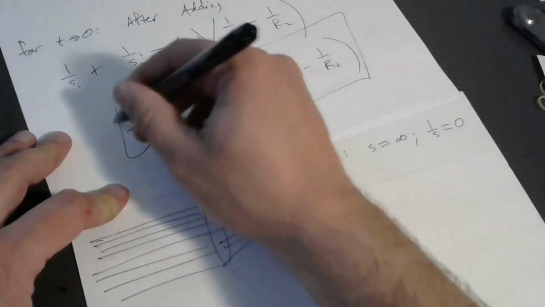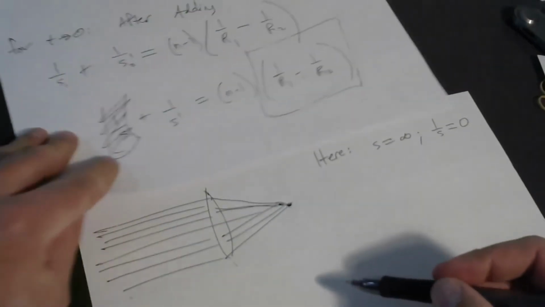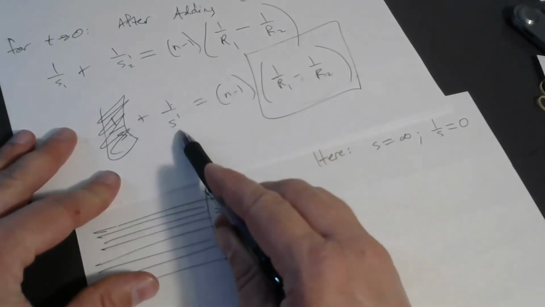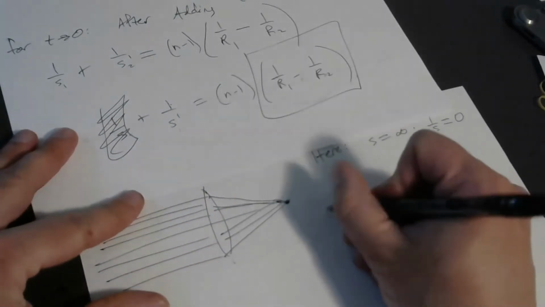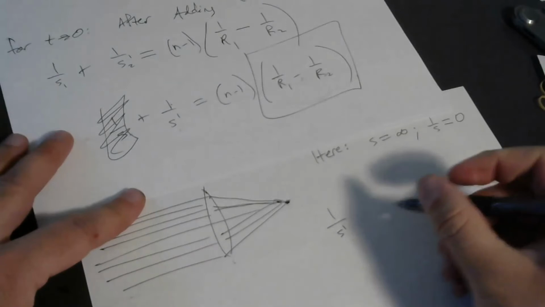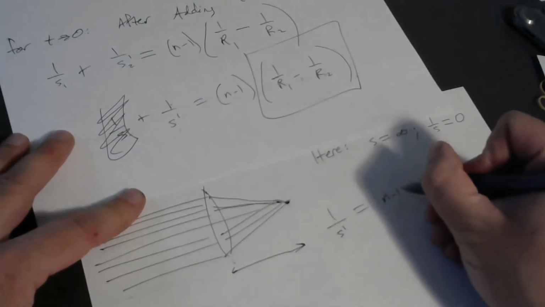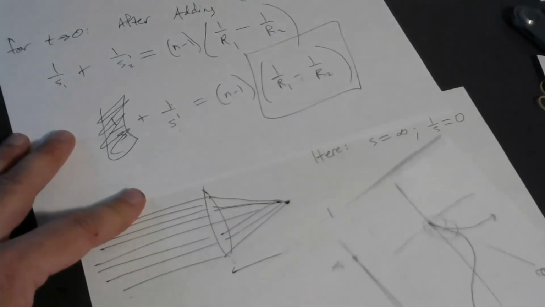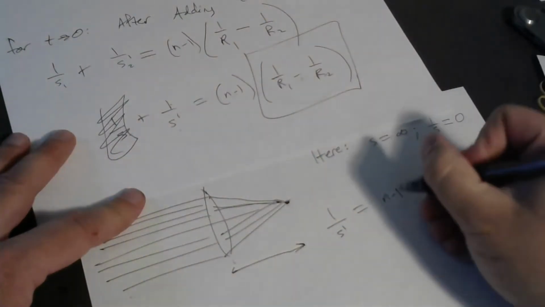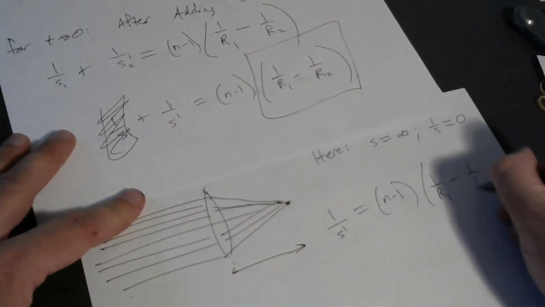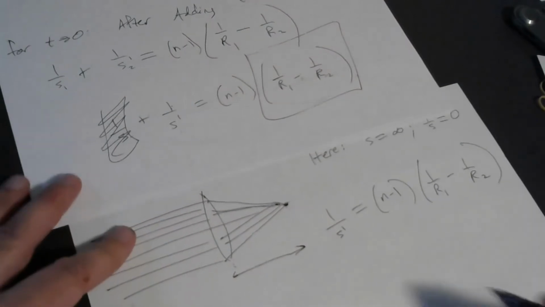If this is 0, we can just disregard it. And that means that the reciprocal of the image distance, 1 over s prime, is equal to all this. And your book actually calls this the lens maker's equation. It comes from the same equation we just developed here.